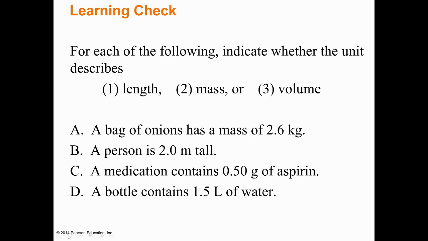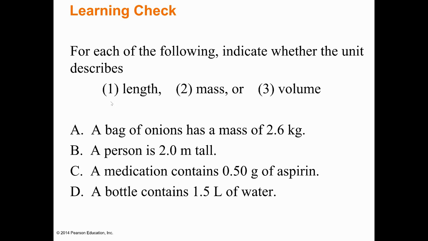Okay, so you can take a minute to go through this. You can pause me and determine which one of the following is shown. Is it length, mass, or volume? So a bag of onions has a mass of 2.6 kilograms.